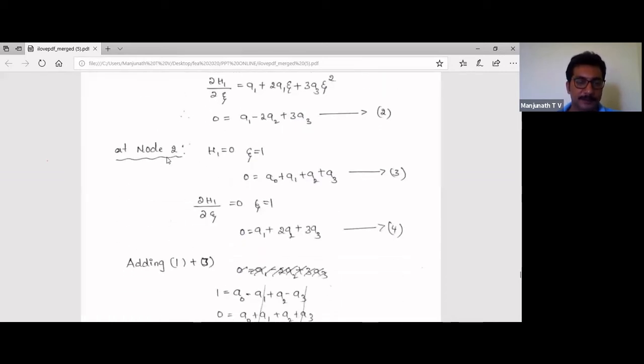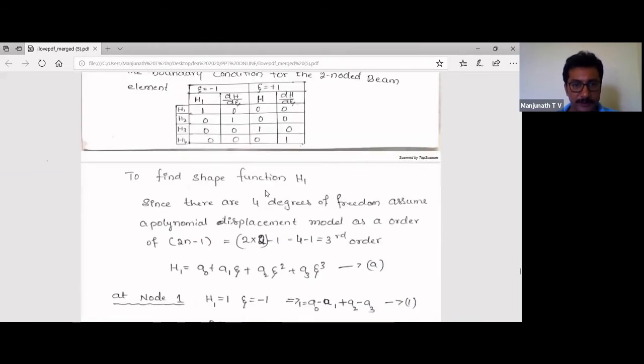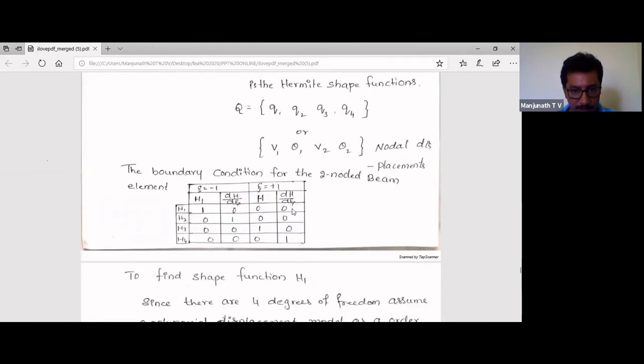Similarly with respect to node 2, we again need to consider the h1 value, the dou h1 divided by dou zeta value, and the zeta value at node number 2. At node number 2, the h1 value is 0, the dou h by dou zeta value is also 0, but the zeta value is plus 1.